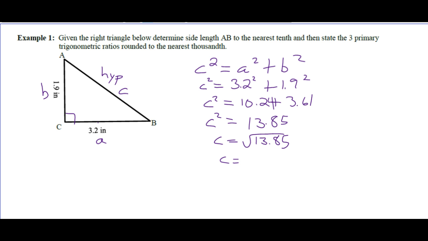Okay, so that's 3.7. So the length to the nearest tenth is 3.7 inches, but the value is different, right? Now state the three primary trig ratios rounded to the nearest thousandth. It doesn't say the three primary trig ratios of which angle, right? So we've got two angles to work with, angle A and angle B.